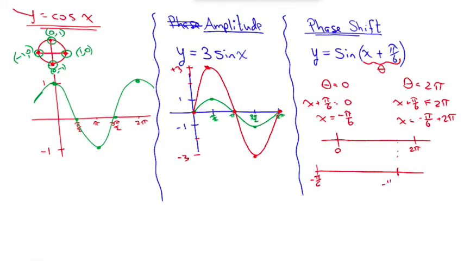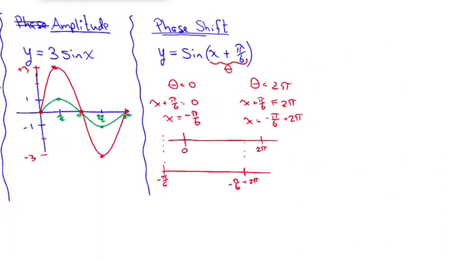So this would be negative pi over 6 plus 2 pi. Now the period itself, the distance between those two points, is still 2 pi. All you do is take both endpoints and shift them to the left pi over 6 units. So that pi over 6 is considered a phase shift to the left.